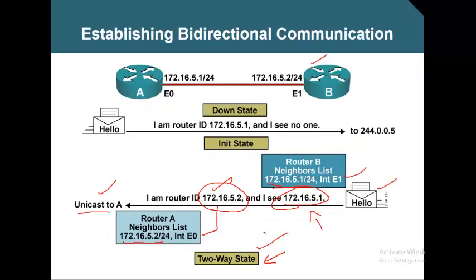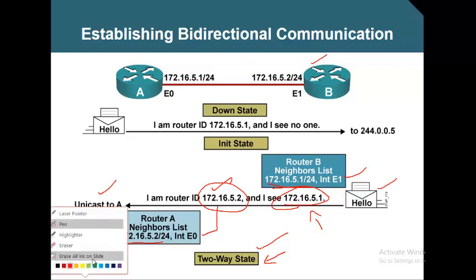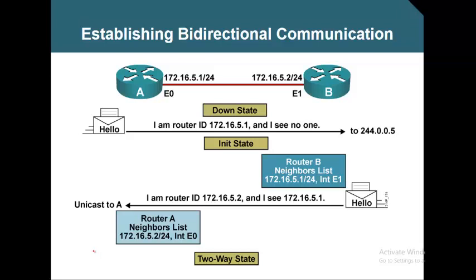Now, let's quickly do a revision. OSPF adjacency. From the down state, they move on to init state by sending the hello packet. The other router will know the router ID of the sender. The router ID of the sender is written into the neighbor table. That is init state.